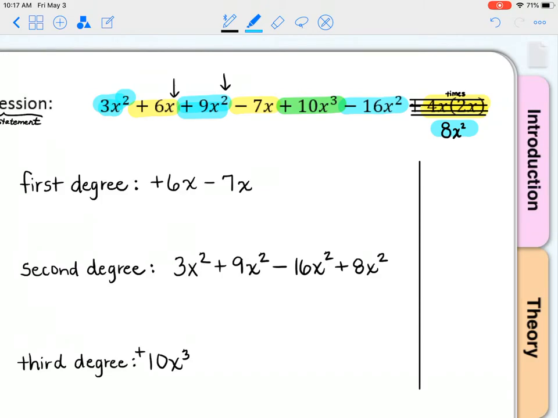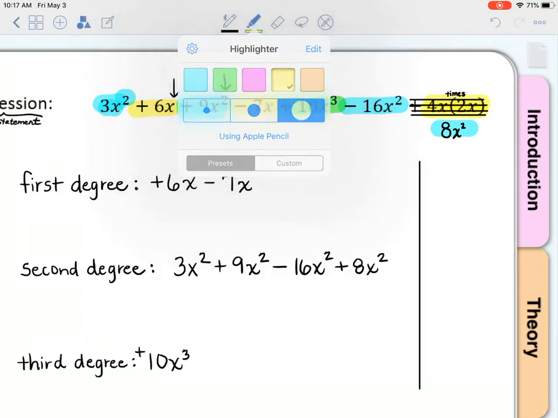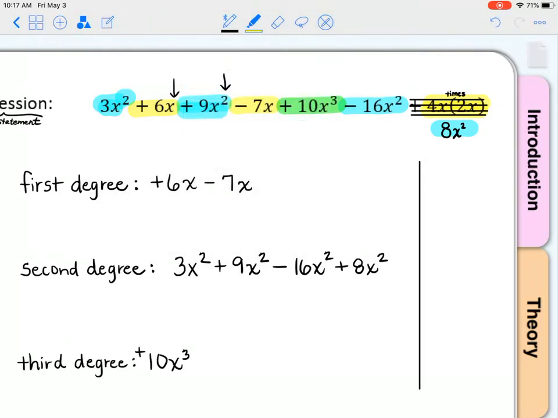Okay, so we are going to have to simplify our terms to get them down to one final piece for each row. So this first one is the first degree row. You're going to type on your calculator 6 subtract 7. 6 subtract 7 is negative 1, and these are first degree x's.